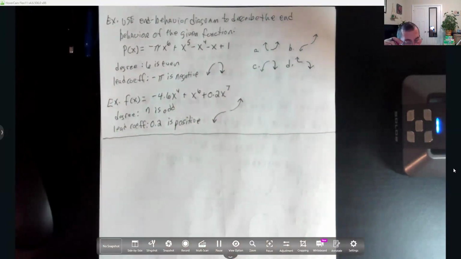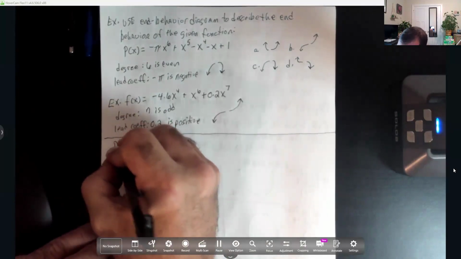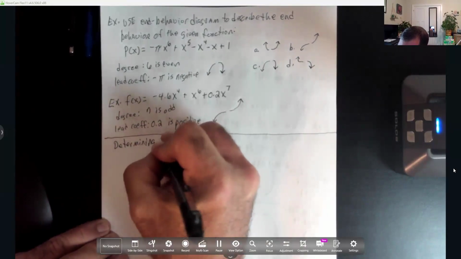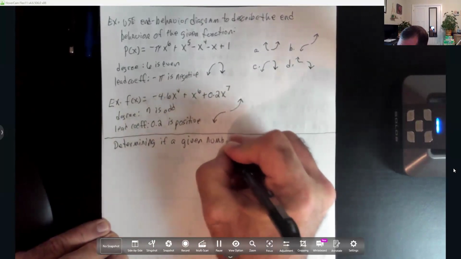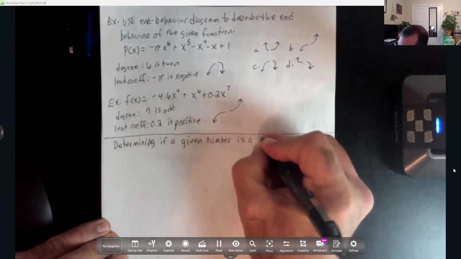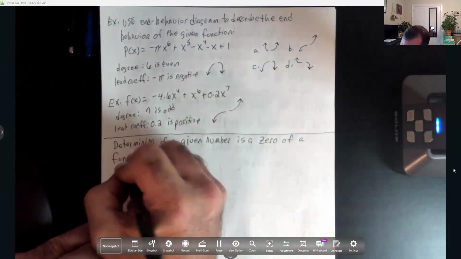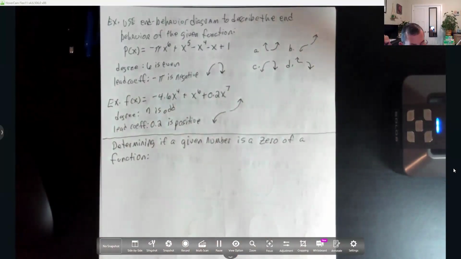Now we're going to look at how we can determine if a given number is a zero of a function. The way we do that, we use what we call substitution.